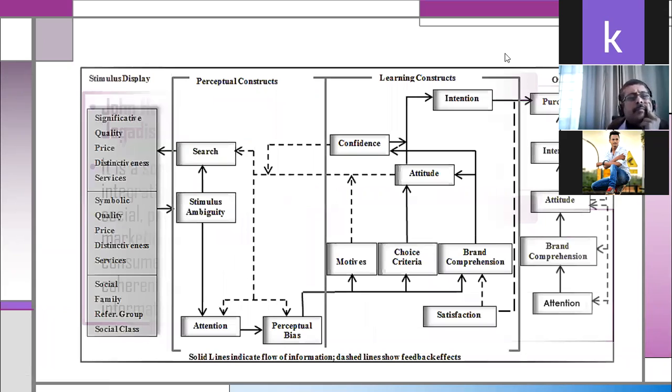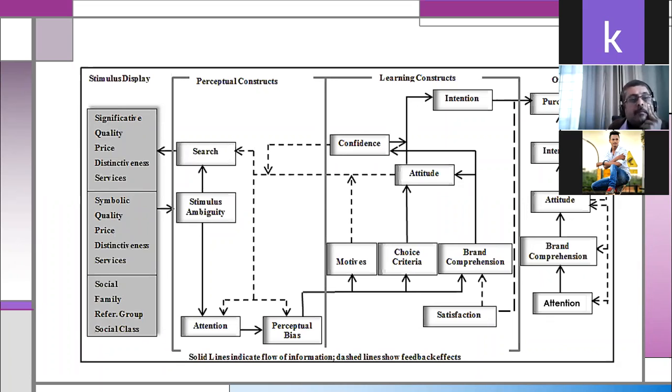First is stimulus display, which are the inputs of this model, and comprises significative, symbolic, and social. In significative, there are quality and price, the factors which the consumer is looking for in a product. The consumer is looking for the quality, price, or distinctiveness of the product or the services available.